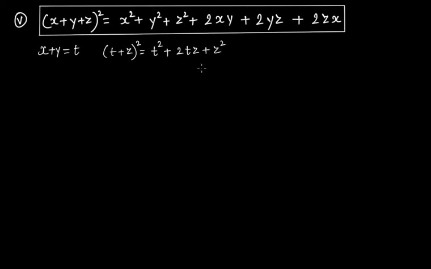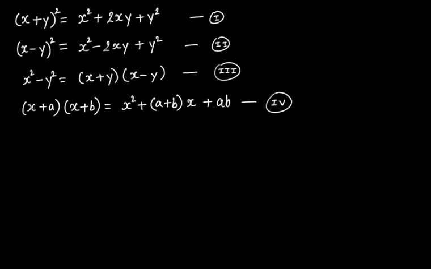Clear? Now this is t². It means that now we can write it as (x + y)² + 2(x + y)z + z². Now it is of the form (x + y)², this identity you will use here.